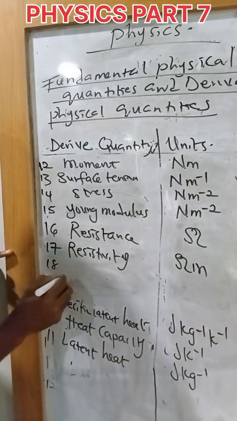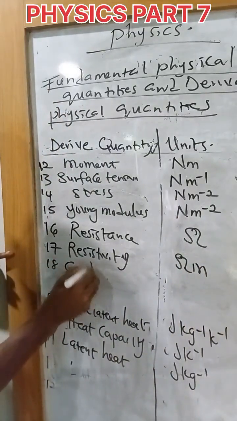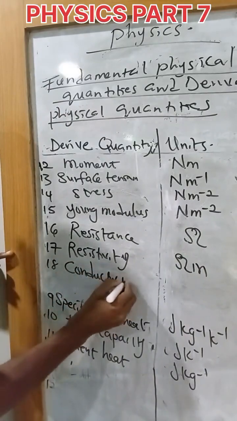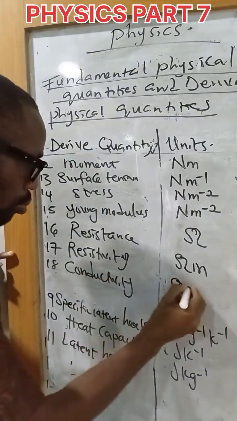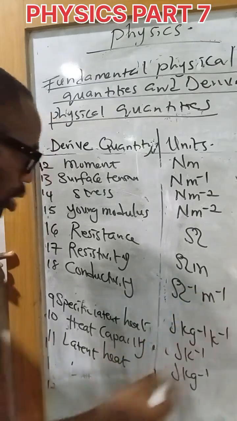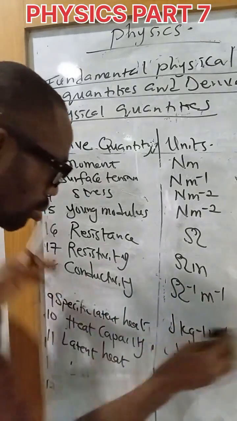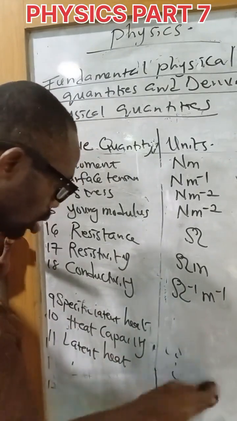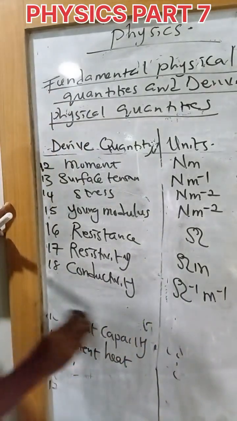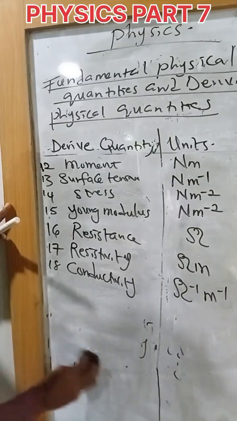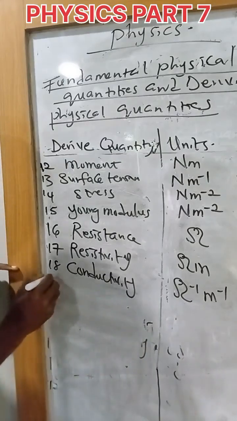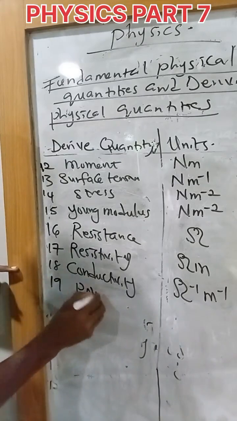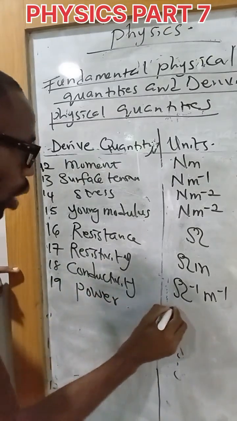Number 18 is conductivity, which is per meter. Number 19 is power. Power is watts.